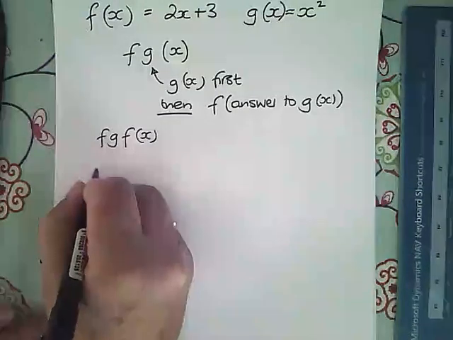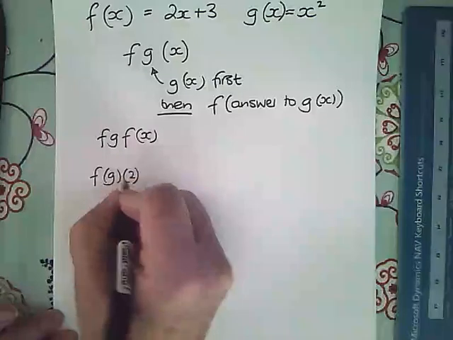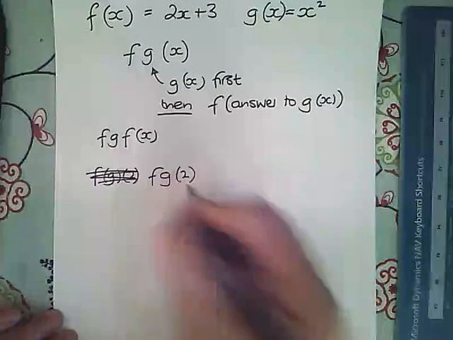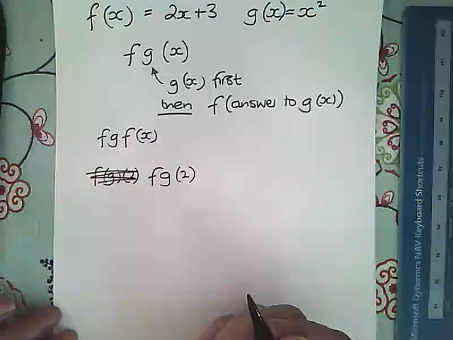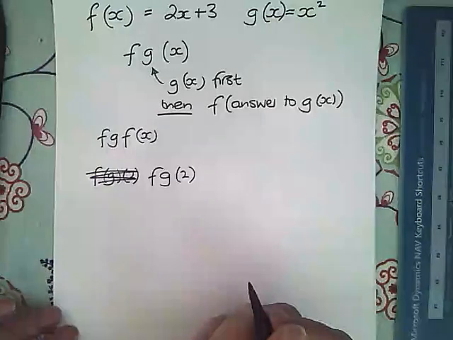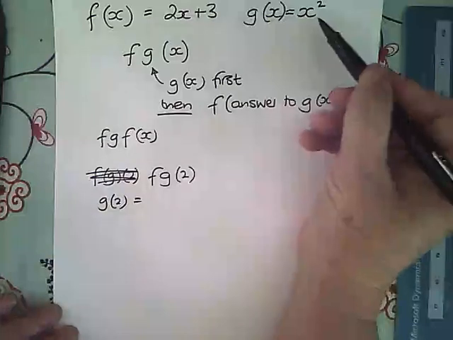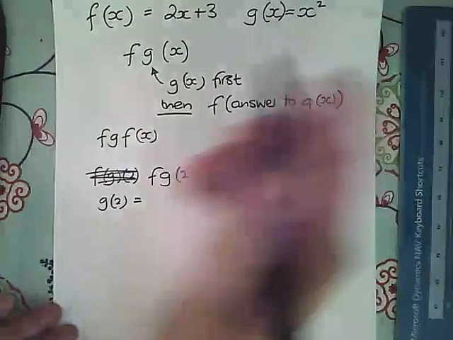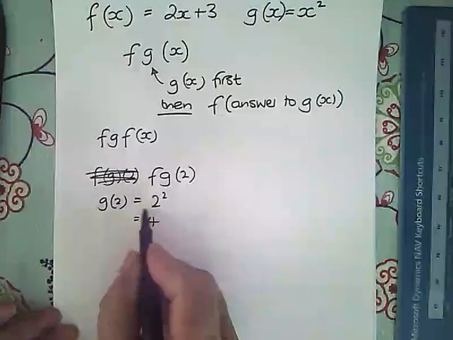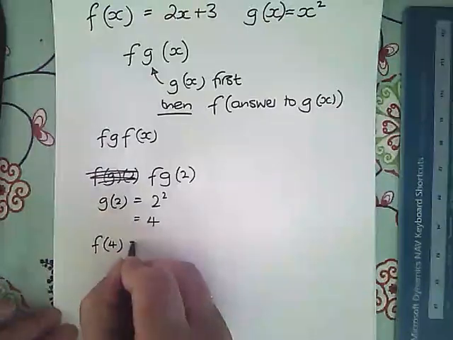So we're going to try and do fg of 2. That means we're going to do g of 2 first, and then whatever that answer is, we're going to put through the f function. So g of 2. The function tells us we're going to square the value. So 2 squared, which equals 4. I'm then going to use that answer and put it through the f function.